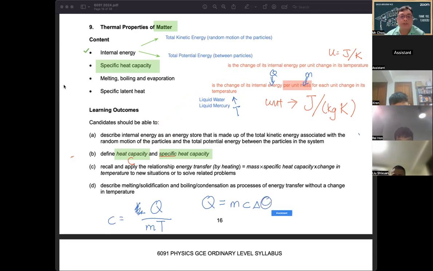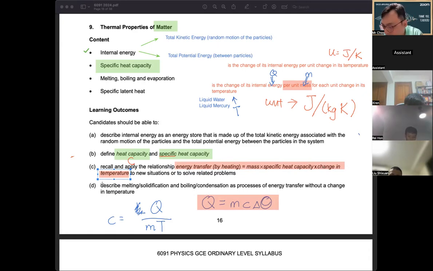Okay, theta. So this is a formula that I will need all of you to remember. Q is equal to mc theta, which is the same as energy transfer is equal to mass times specific heat capacity times change in temperature.